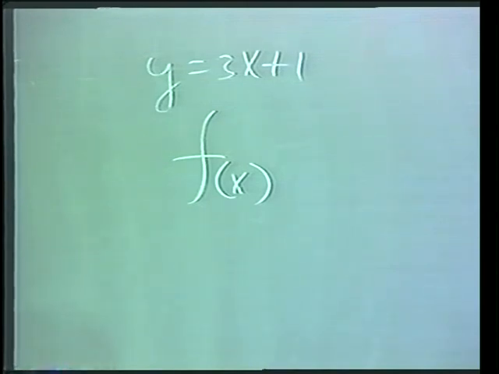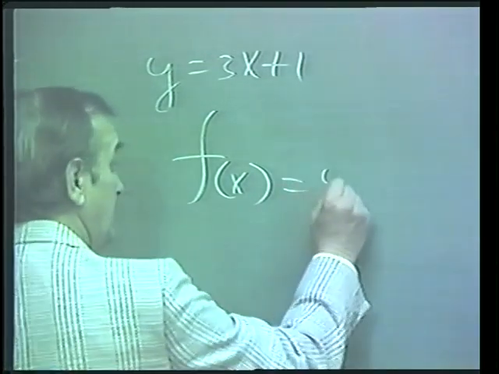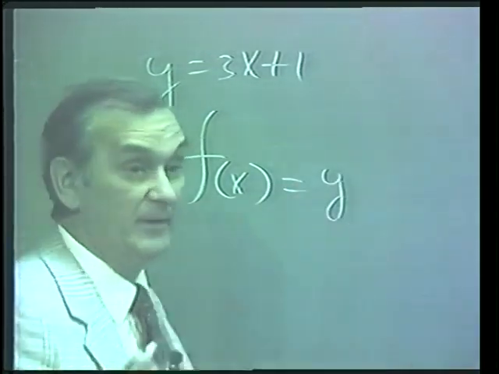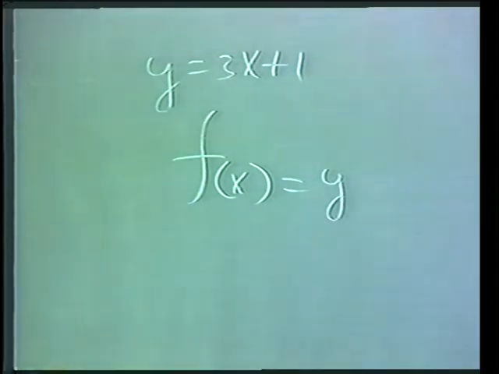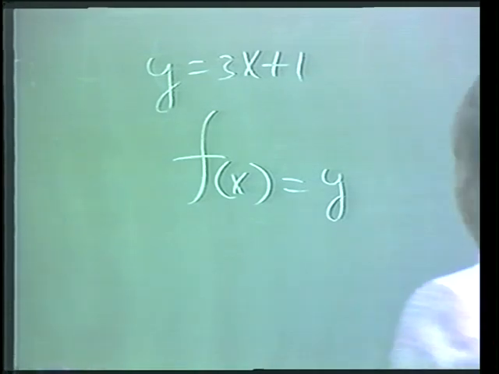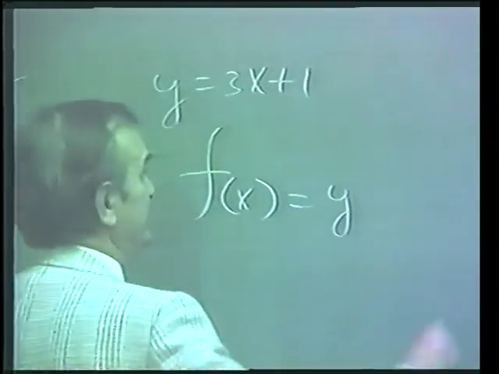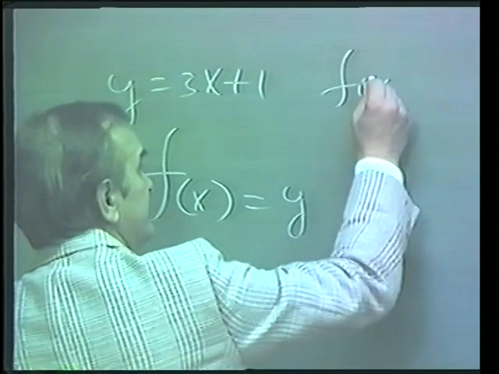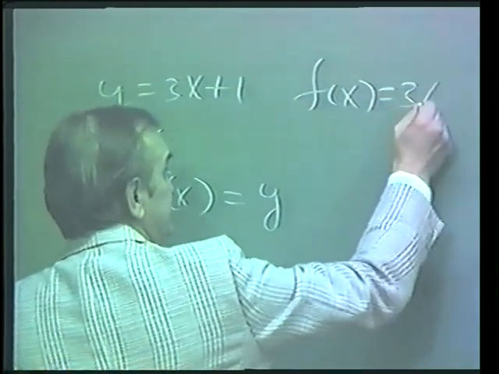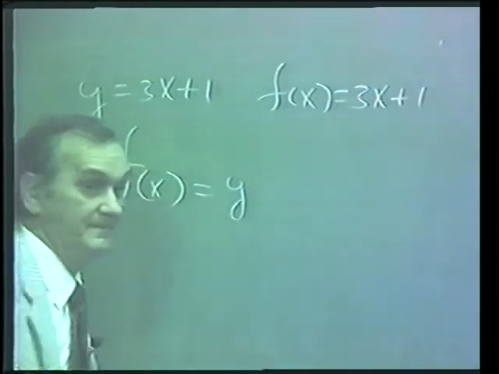And all we mean by f of x is another name for y. That's all it is. F of x and y are exactly the same numbers, the same animal. So instead of y is equal to 3x plus 1, I can write that as f of x is equal to 3x plus 1.